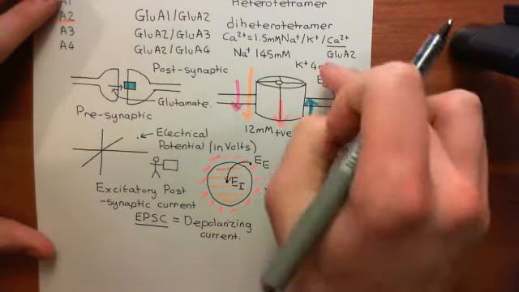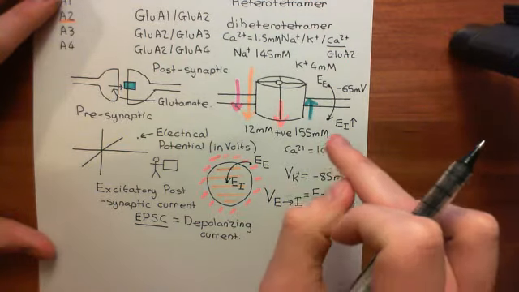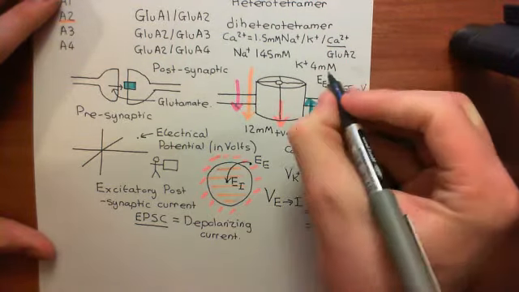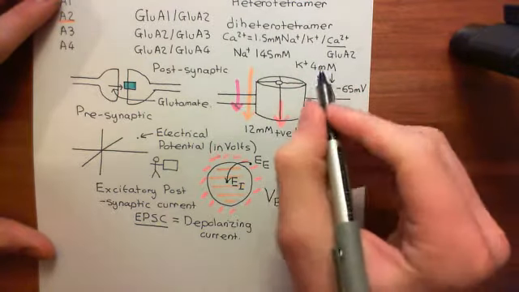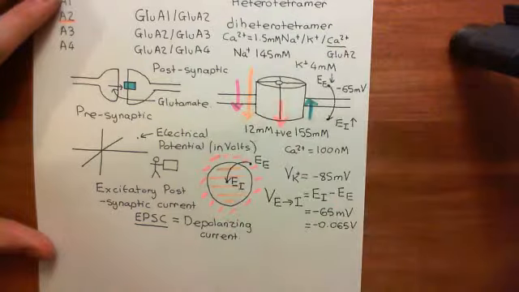But when you nab it from the extracellular compartment, that will lower the electrical potential extracellularly, because when the positive charge was there, it was boosting the electrical potential. So if you're taking it away from there, obviously the electrical potential is going to go down.